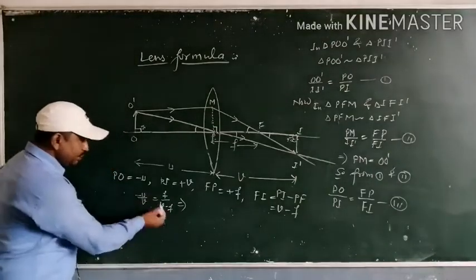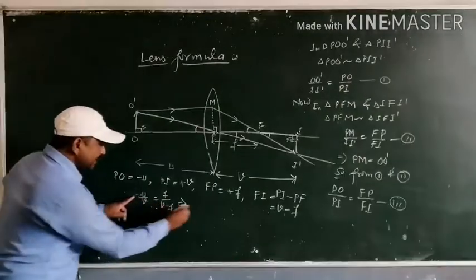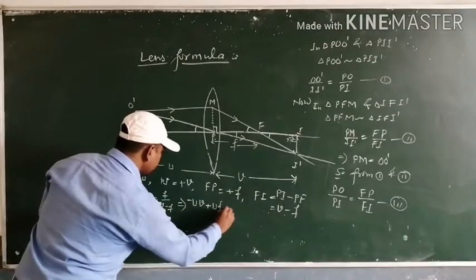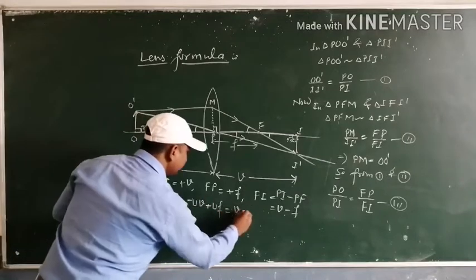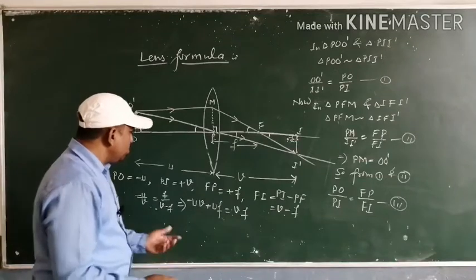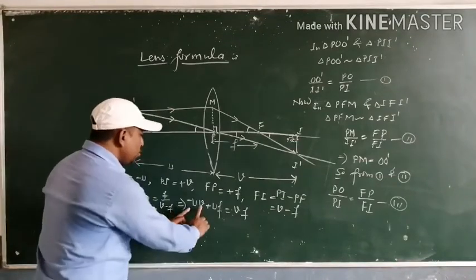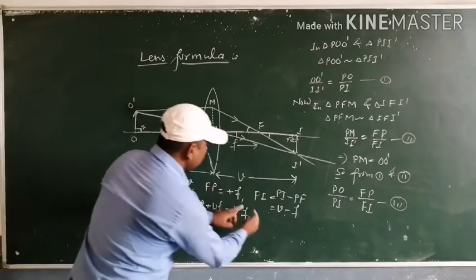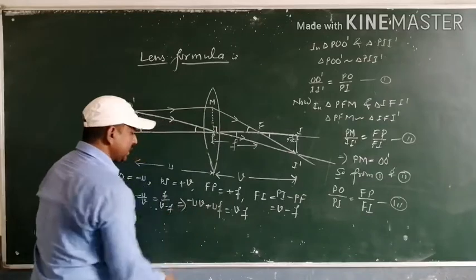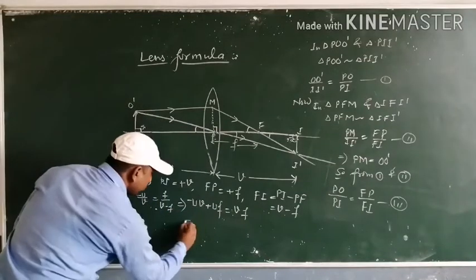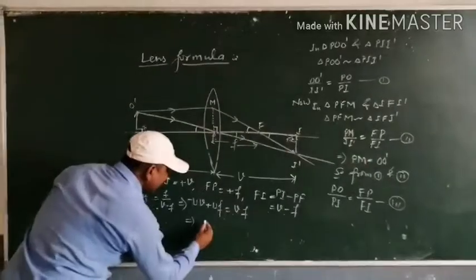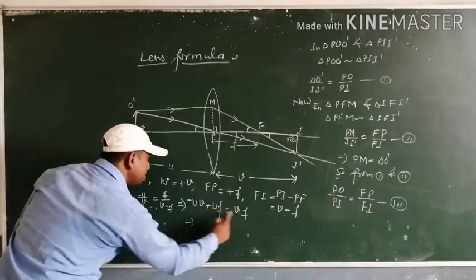From here, if we cross multiply, we get minus UV plus UF equals VF. Now if we move UV to the right side and VF to the left side, UV will be positive on the right side and VF becomes negative.